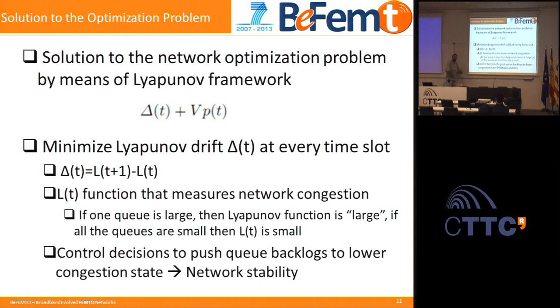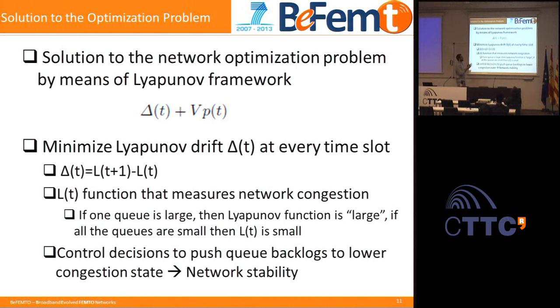You try to go to a lower congestion state. That's the main measure, and in this way, you get network stability. But with that, you just solve the network stability issue. You don't put any cost function in place.